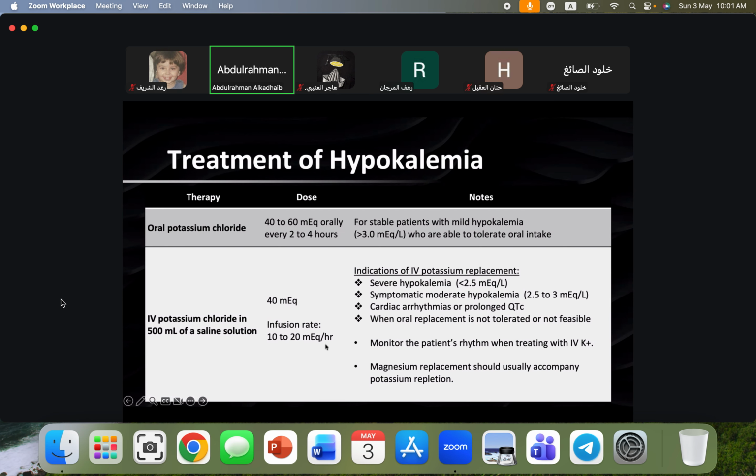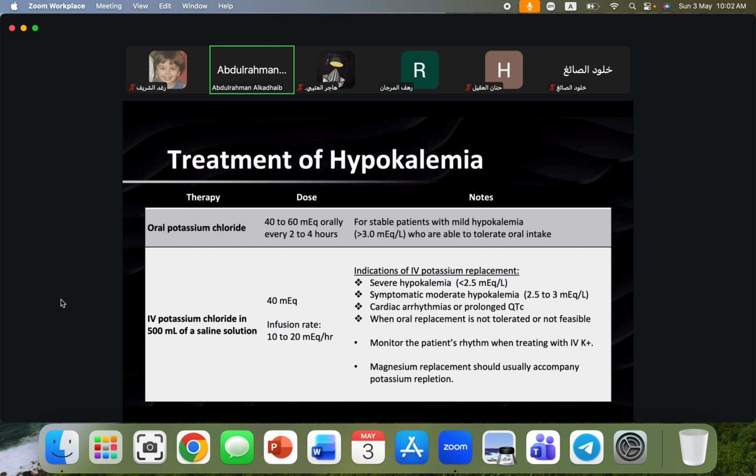And one more important point about the treatment of hypokalemia, we have to always put the patient on a monitor and make sure that the patient does not develop any arrhythmias while we treat the patient with potassium, because again, we don't want to cause hyperkalemia in those patients and development of arrhythmia because of the hyperkalemia and possible arrest.